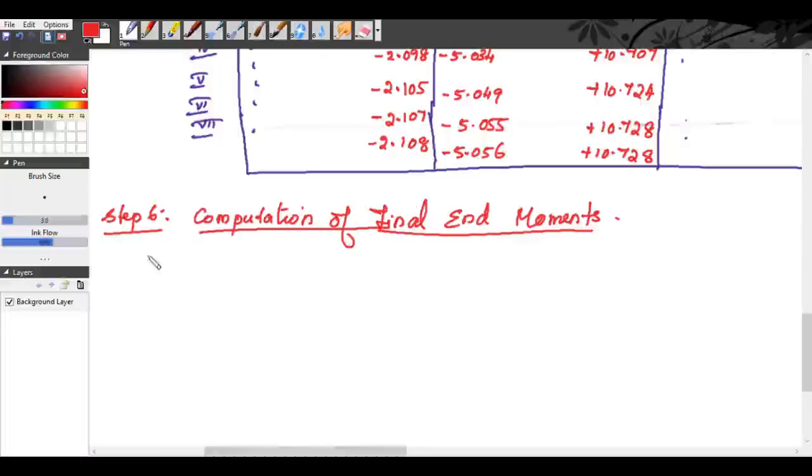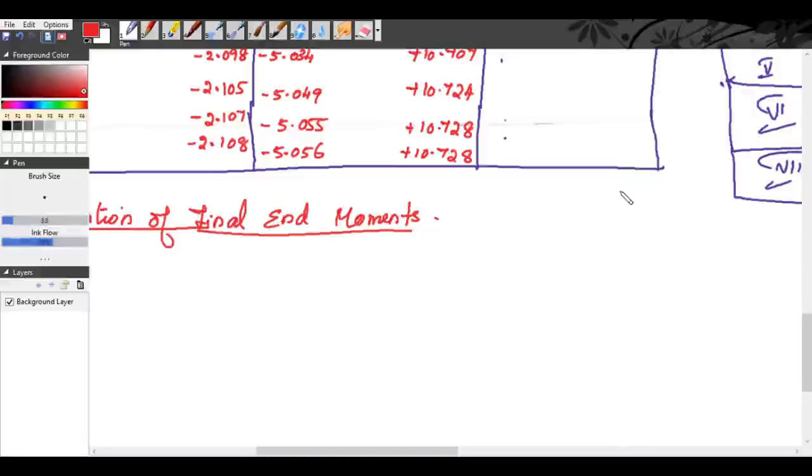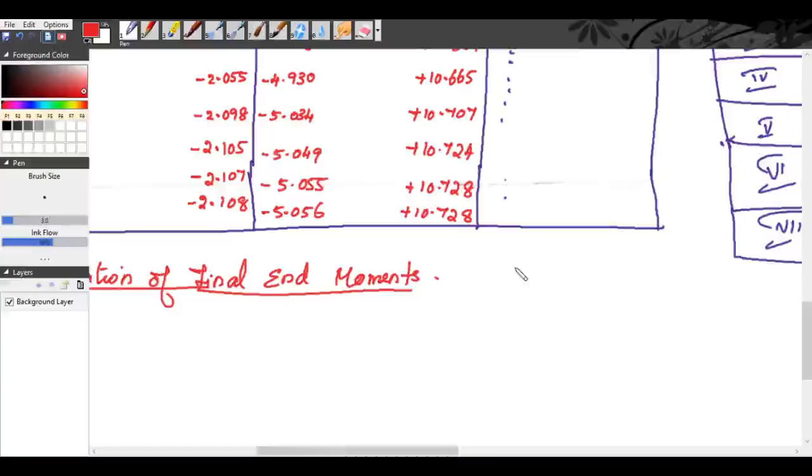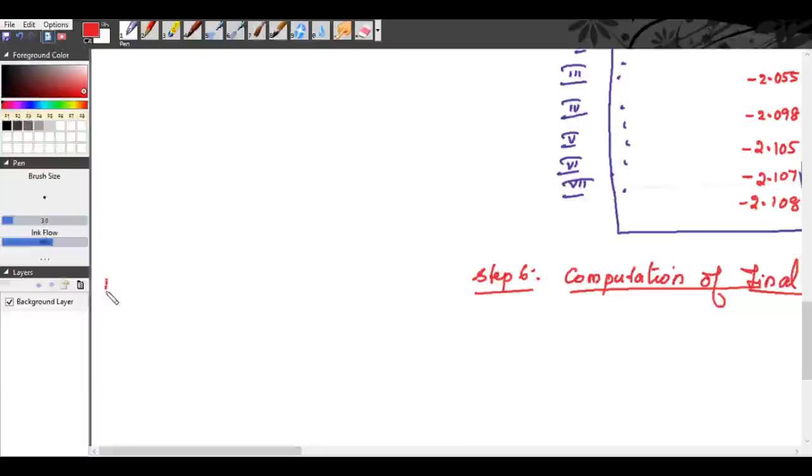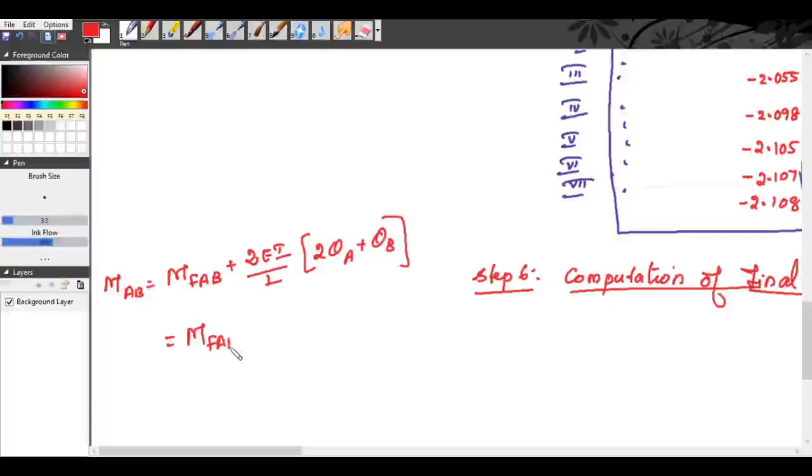So computation of final end moments. I have already explained that this Kani's method is an extension of the slope deflection equation. So we know the slope deflection equation is MAB equal to MFAB plus 2EI by L into 2 theta A plus theta B. This is expressed as MFAB plus 2MAB plus MBA.